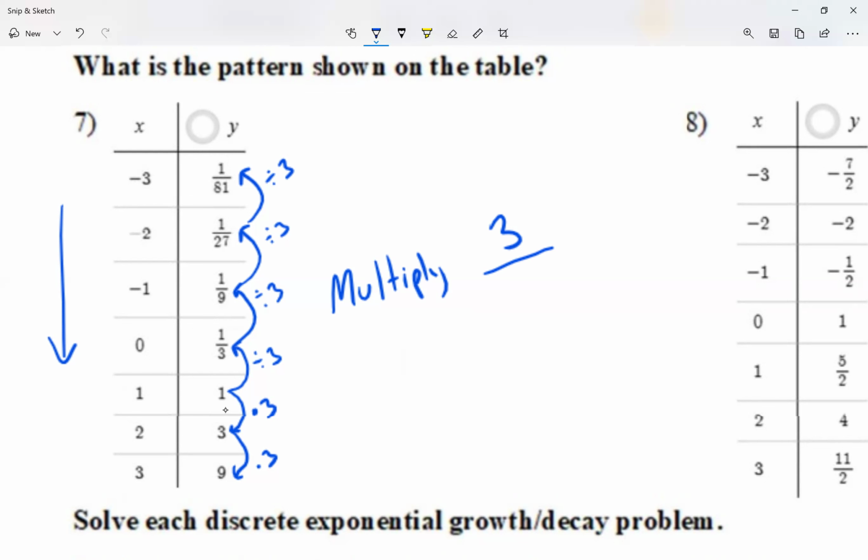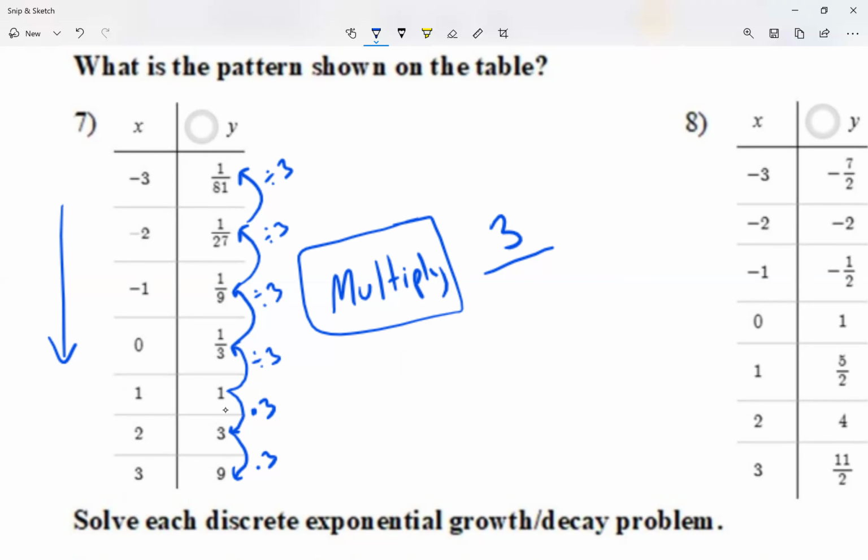But what I really want is two things. I want to know if you know whether you're adding, multiplying, subtracting, dividing. So I want you to choose multiplied, and then tell me by what. What are you adding? What are you subtracting? What are you multiplying? What are you dividing? So in this case, we multiply 3.